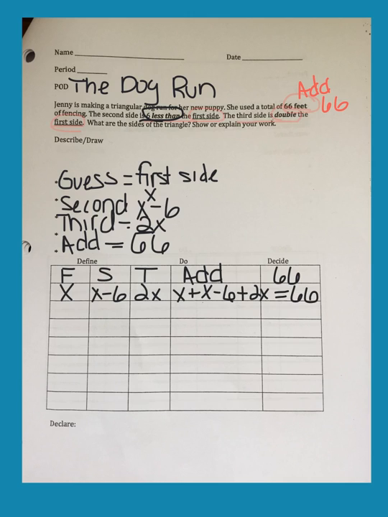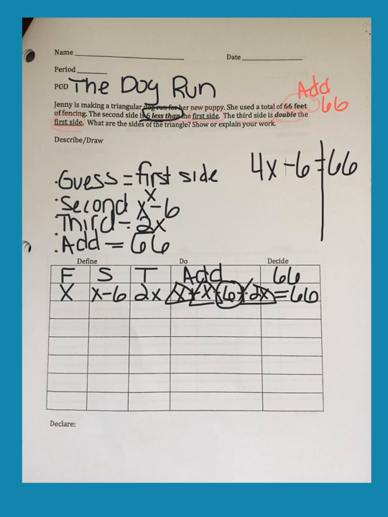And now today I'm just going to go ahead and solve this algebraically. So I have 1X plus 1X plus 2X, so that equals 4X. And then I have minus 6. So I am going to subtract 6 from 66.